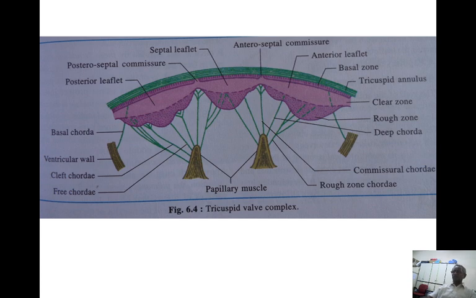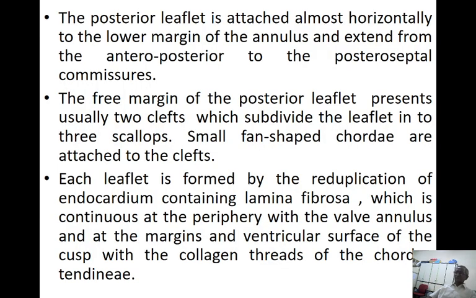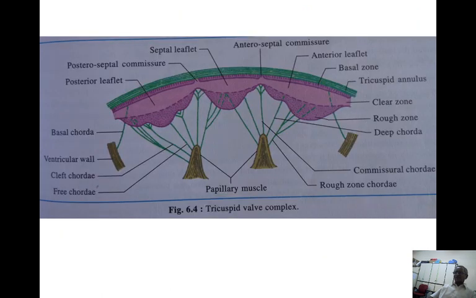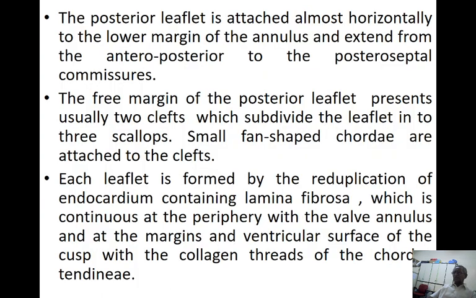Now, each leaflet is formed by the reduplication of endocardium containing lamina fibrosa. So lamina fibrosa is in between one layer of endocardium on the ventricular surface and the other layer of endocardium on the atrial surface covering these leaflets.